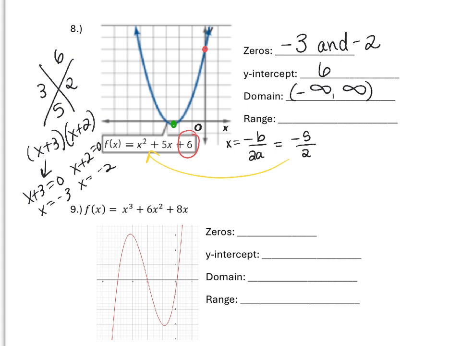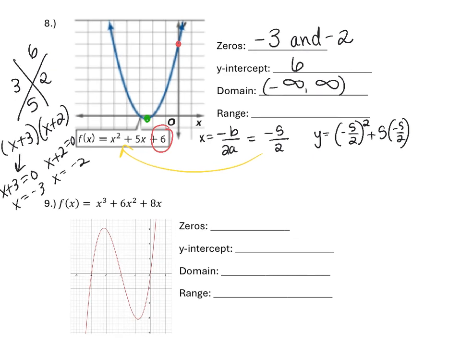So for y, we will say y equals our x-coordinate, plug it back into the original, squared plus 5 times x plus 6. So (-5/2) squared becomes 25/4, plus, actually this is going to be minus 25/2 plus 6.